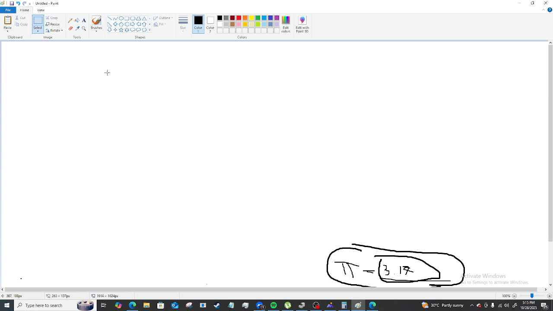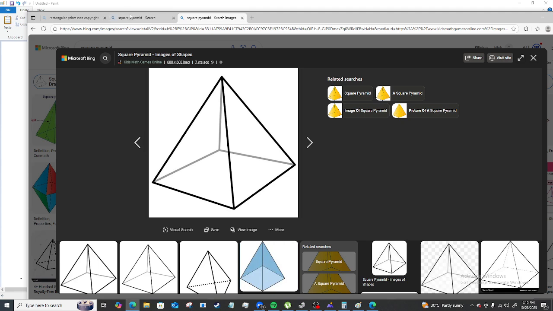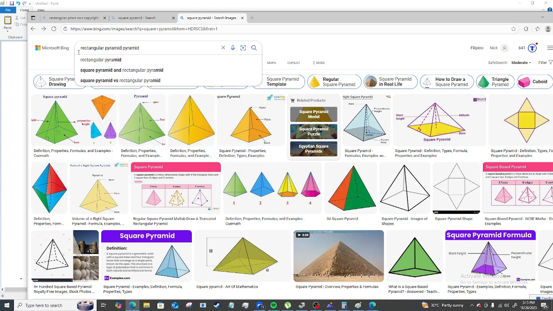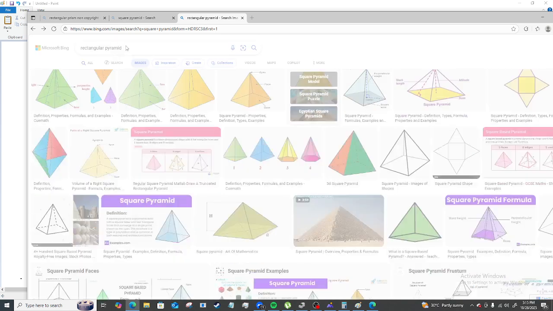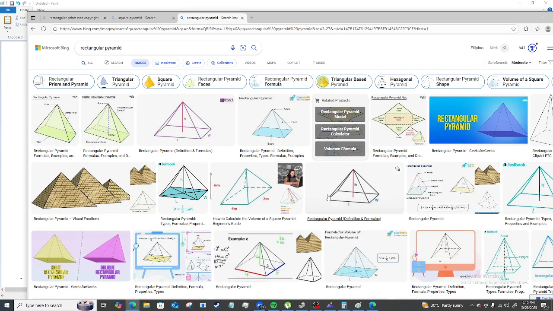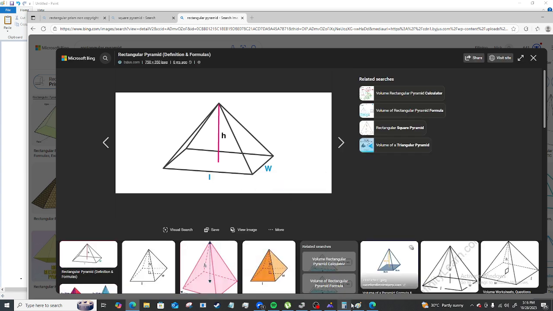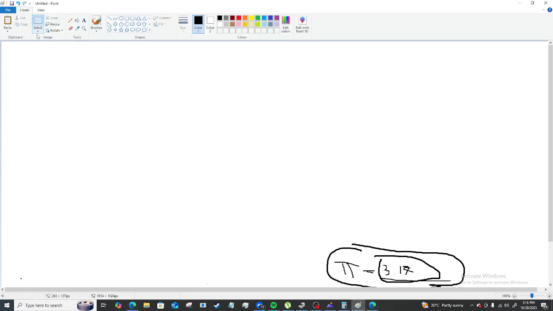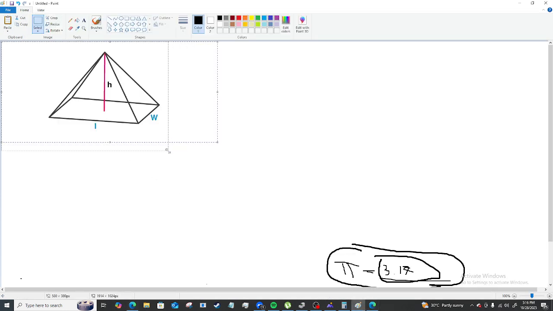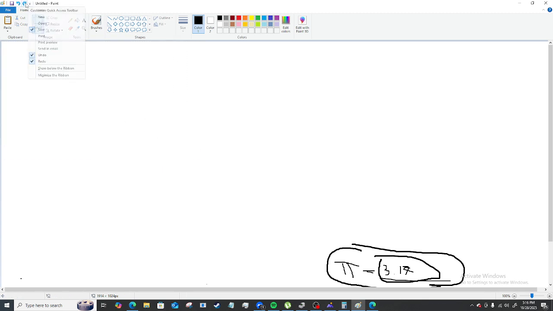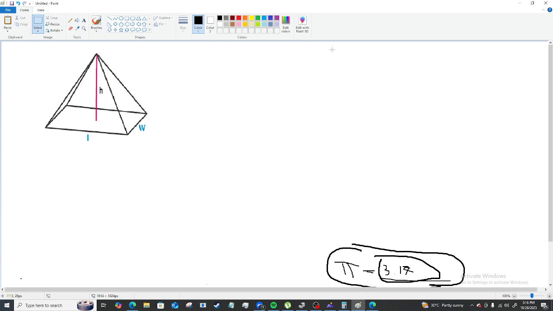The last one we'll be doing is the rectangular pyramid. This is our rectangular pyramid.